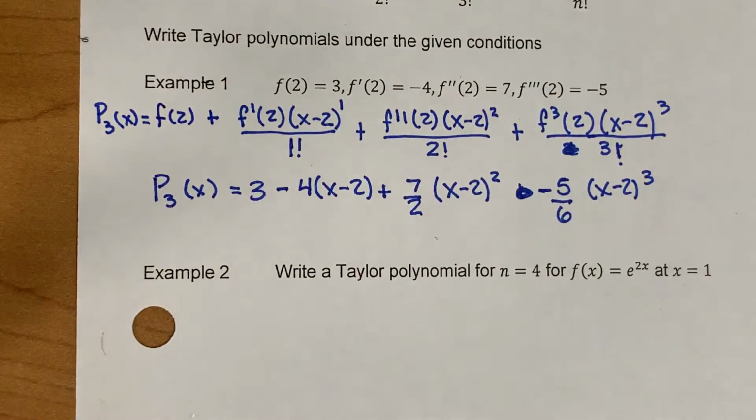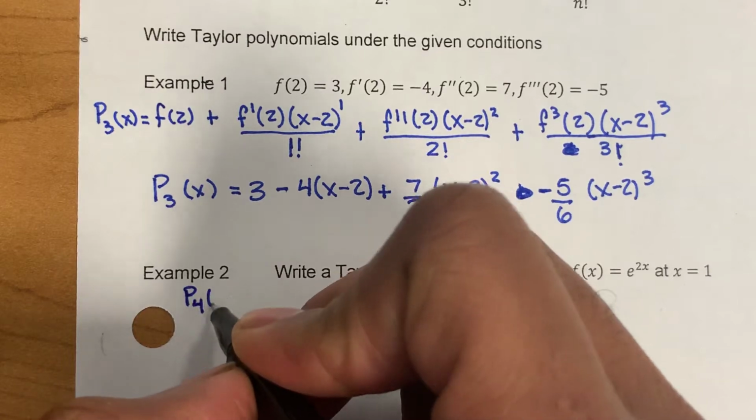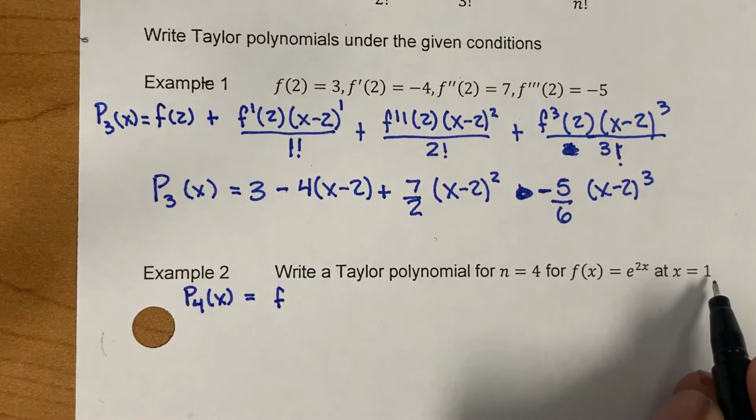So following the same formula, we're going to have P4 of x equals, all right, so we're centering this at x equals 1.